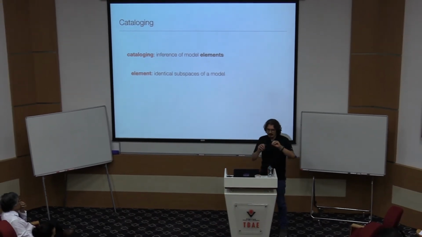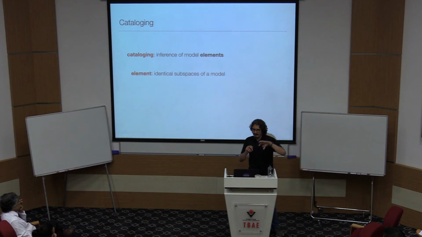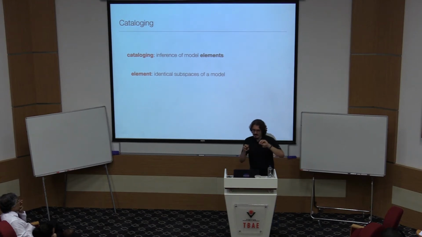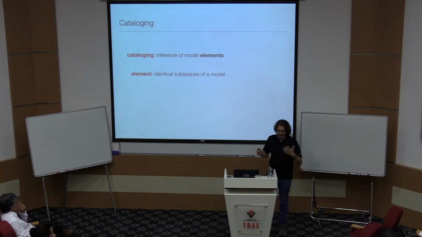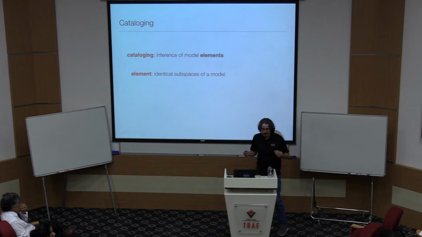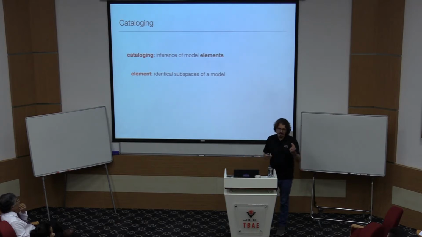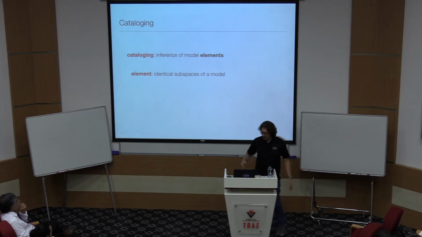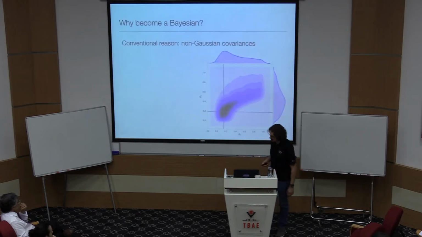You are trying to fit for the positions and the fluxes of some sources in it. Those elements are just point sources. They are identical subparts of your model, and they have certain degrees of freedom, such as position, flux, color, etc. So that makes up your model, just to give a concrete example.